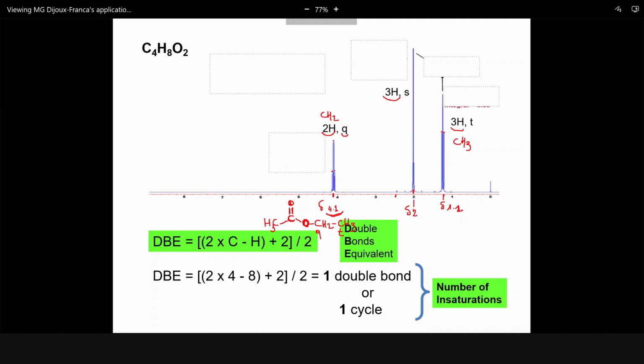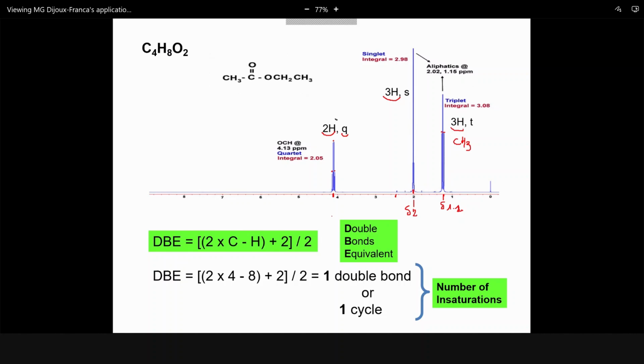Yes. And then you have the solution. So the structure is ethyl acetate, right?